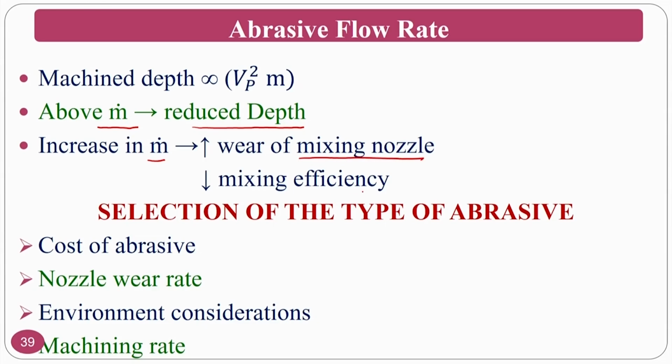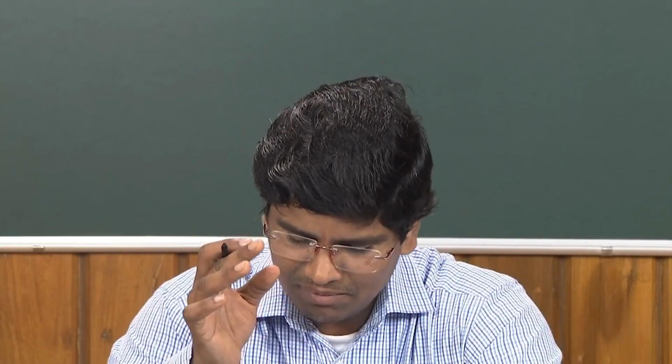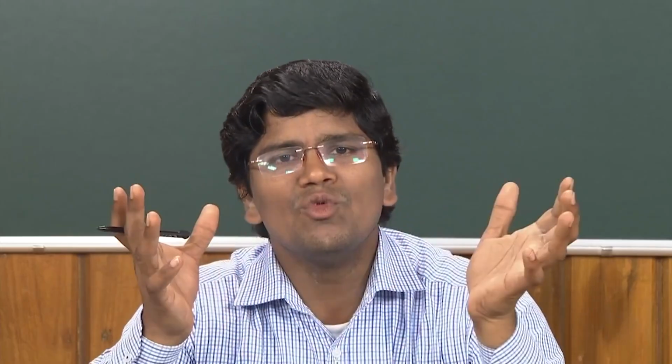That means the wear rate of the nozzle will be high because more and more abrasive particles are coming in contact with the inner walls of the nozzle. At the same time mixing efficiency will go down because the abrasive particles will collide with each other and may move apart.